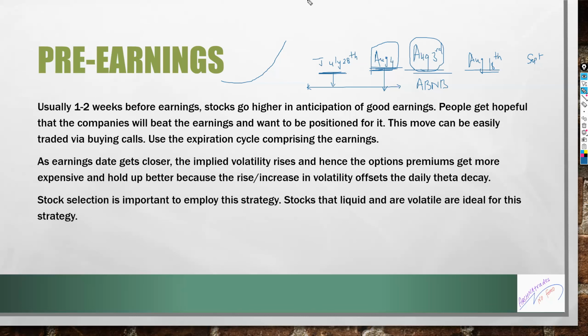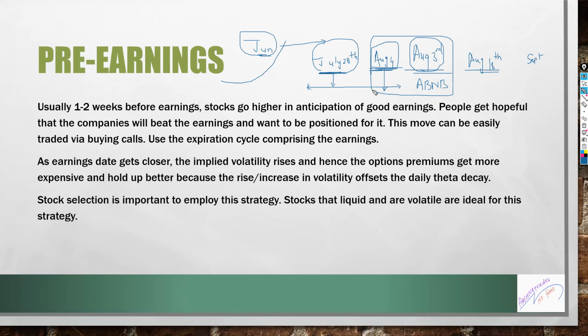So if today was not July 25th, if it was end of June, or the first week of July, and there are 3 weeks to go for Airbnb earnings and you want to go long, rather than buying July 28th, which is one expiration cycle before the earnings, go into the expiration cycle with the earnings, right?